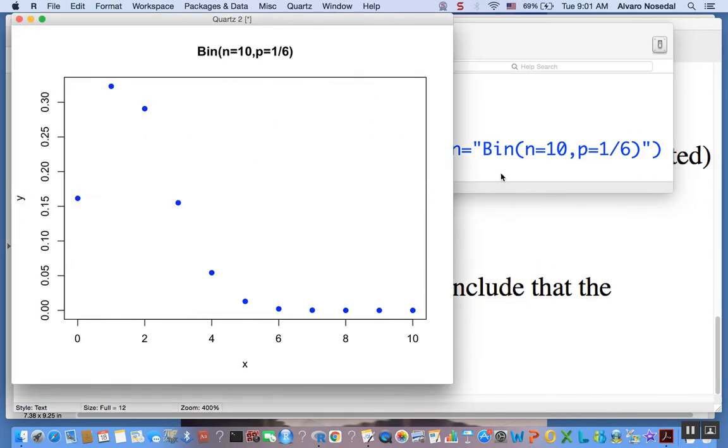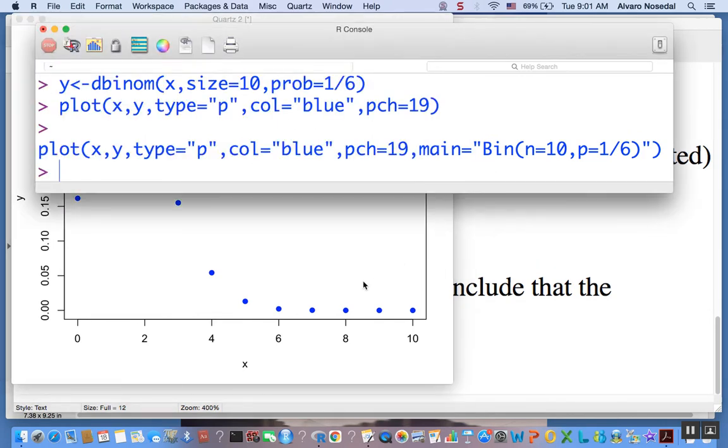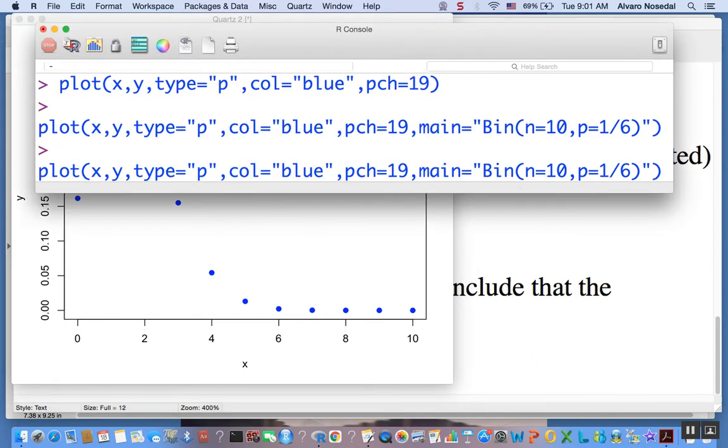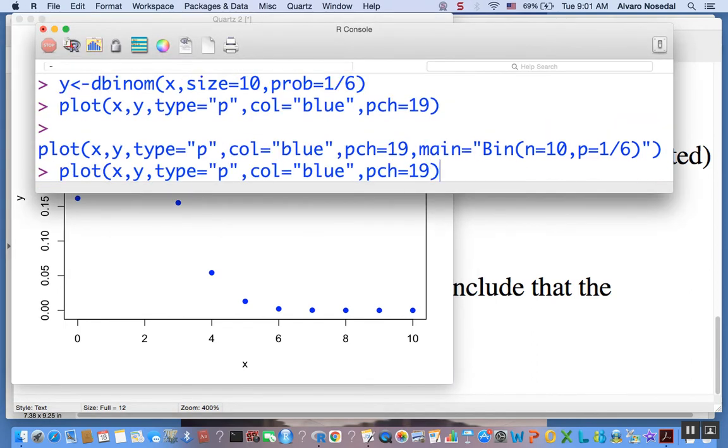Okay. Now, how about we change things a little bit? How about we increase the sample size from 10 to 30?